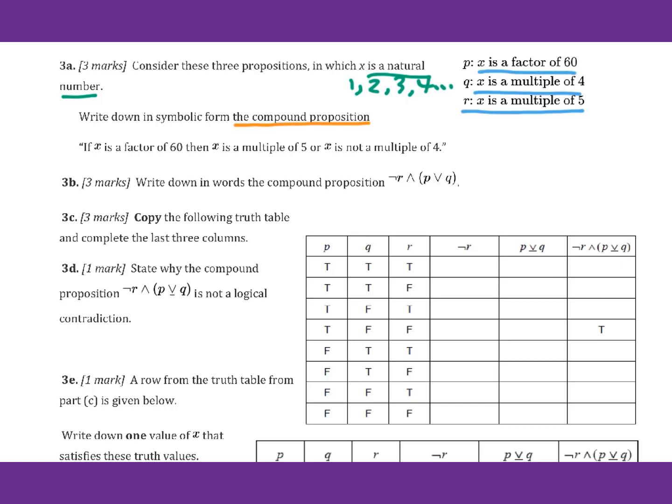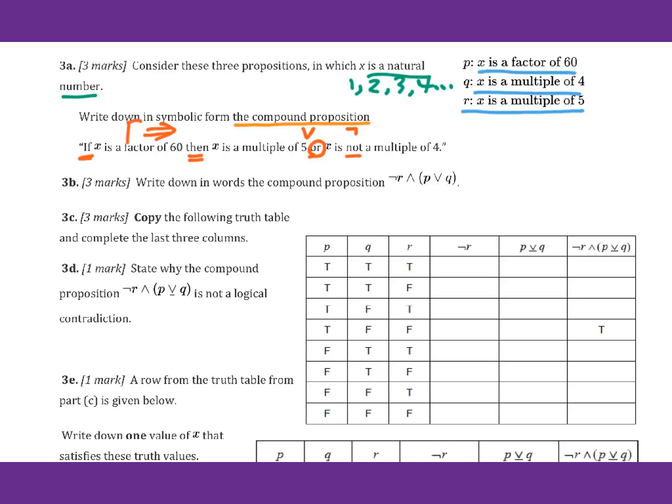We need keywords. If, then. That means this symbol. We have or. That means this symbol. Not means this symbol. Therefore, x is not a factor of 60.